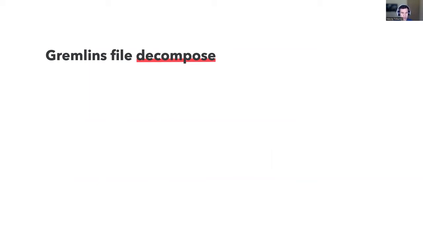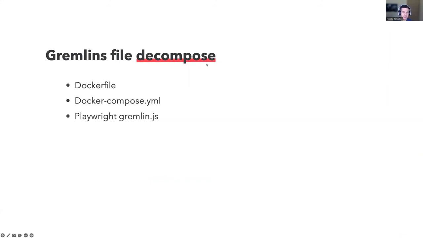Also Docker Compose, which helps us to create and manipulate those containers easily. And also we're going to look at the Playwright Gremlin.js file, so we can see what is happening behind the scenes and how we can change that in order to make it work on our own project.